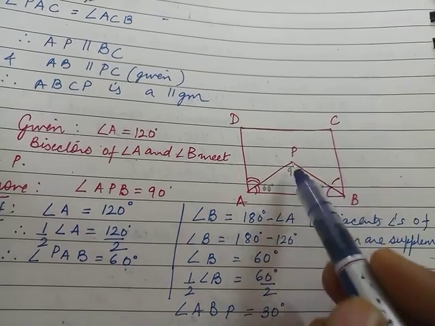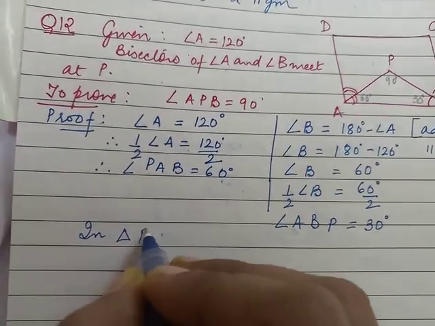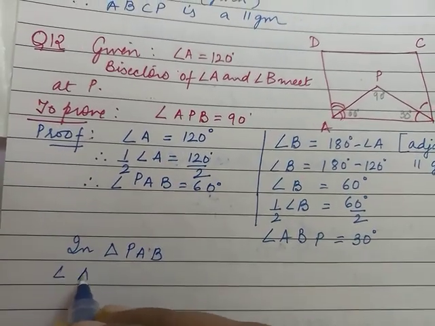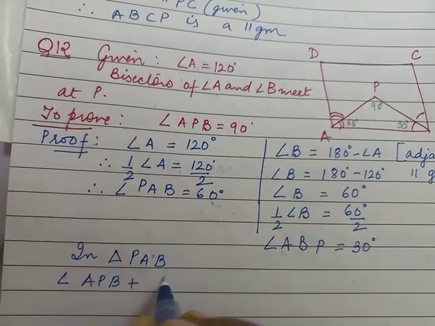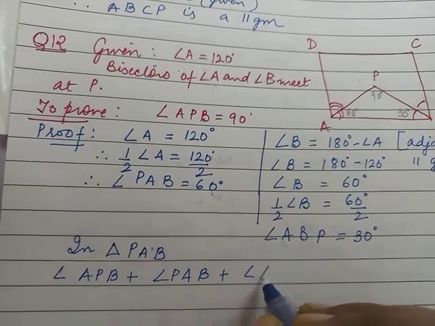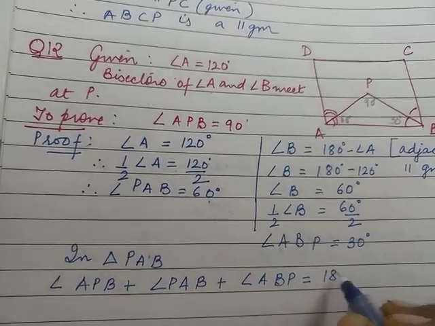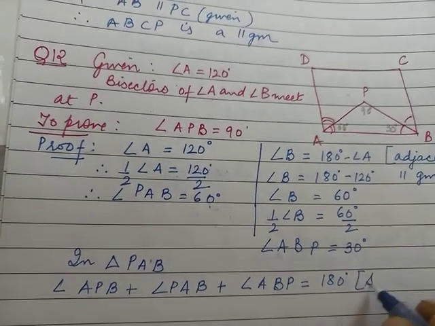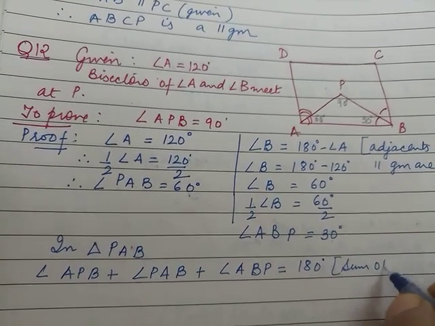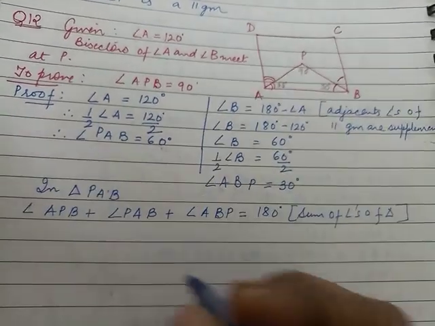Now which triangle am I going to consider? Triangle PAB. So we'll write in triangle PAB, angle APB plus angle PAB plus angle ABP is equal to 180 degrees. Reason, sum of angles of a triangle.